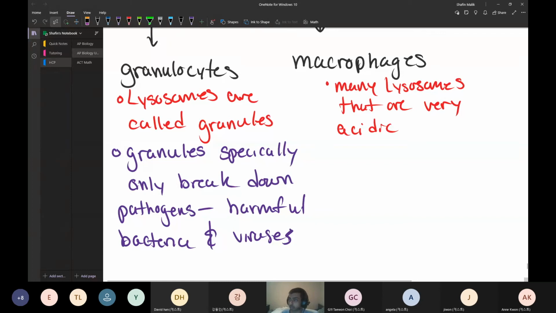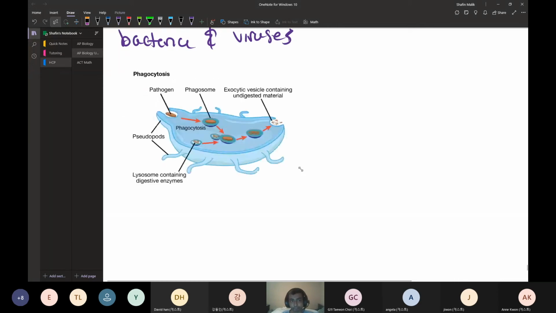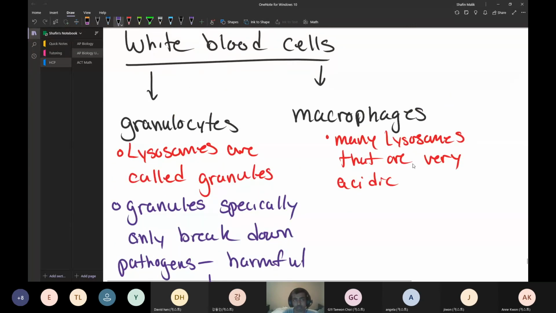Okay, so let me demonstrate with the picture really quickly what happens here in the white blood cell. This picture right here is not for a granulocyte.